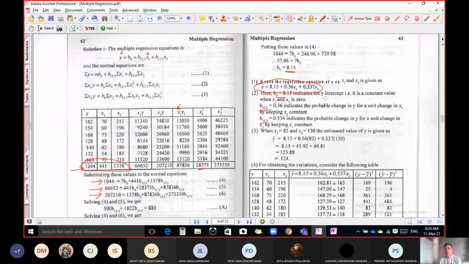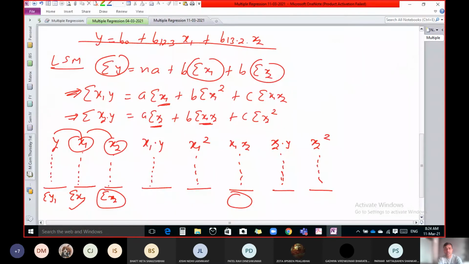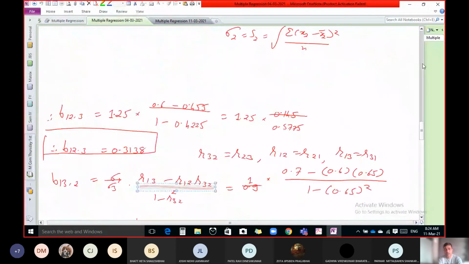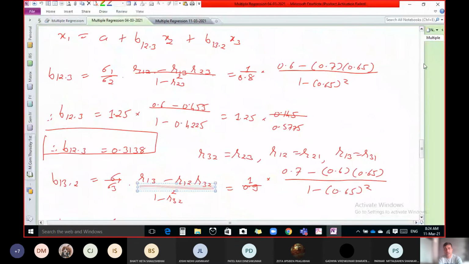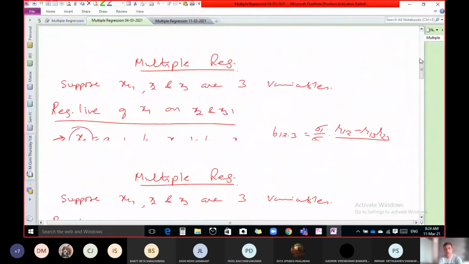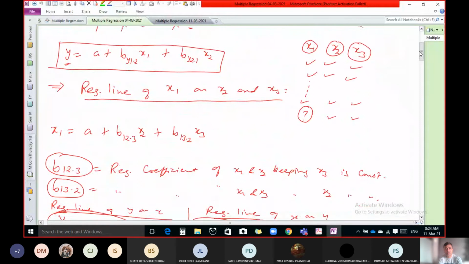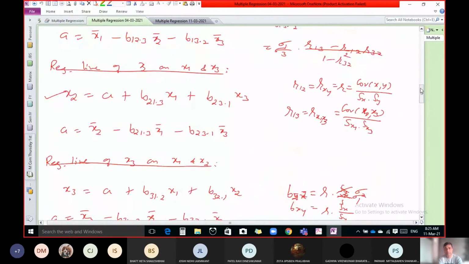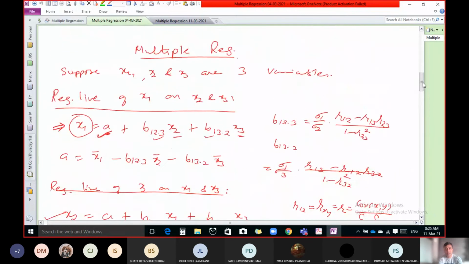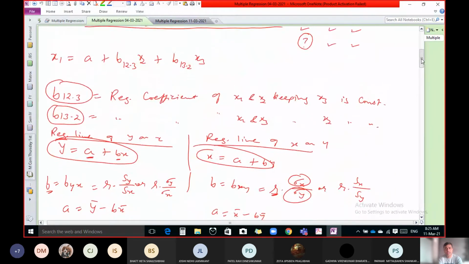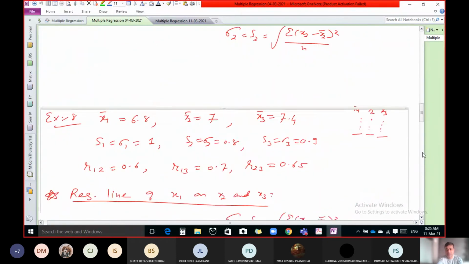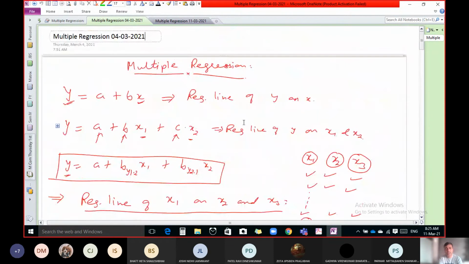That is nothing but the intercept, which we also discussed in our last lecture. A is the intercept. In the regression line y equal to a plus bx, this a is the intercept.